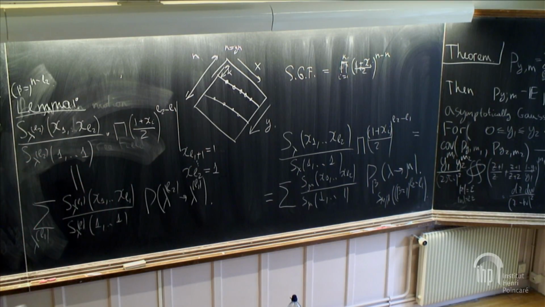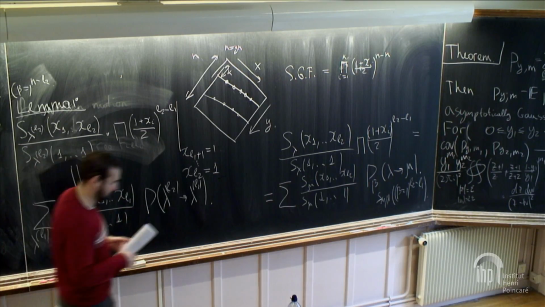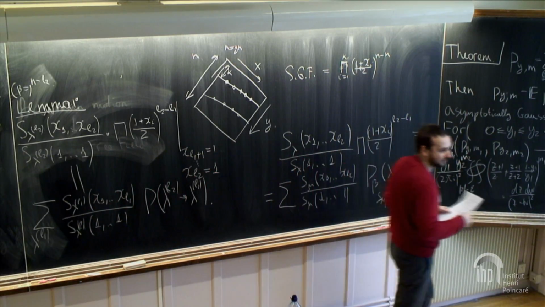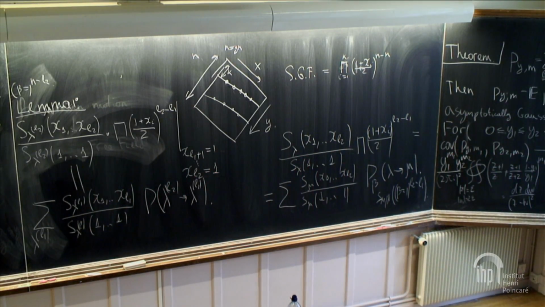And then you get the Schur generating function on this level. So the whole thing is encoded by a simple operation on the Schur generating function. And that's maybe the most important idea here. The Markov chain just becomes an algebraic operation on the Schur generating function.